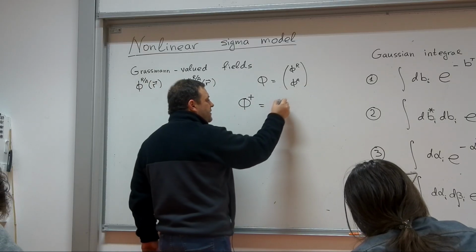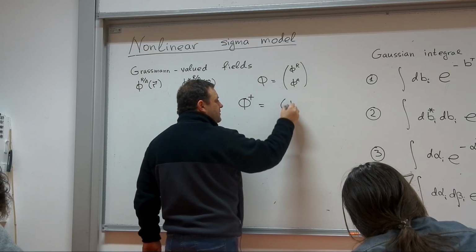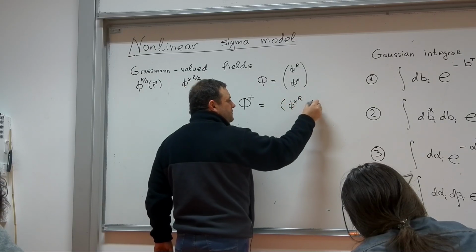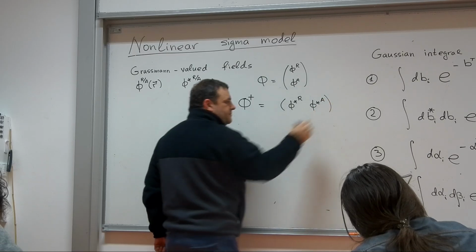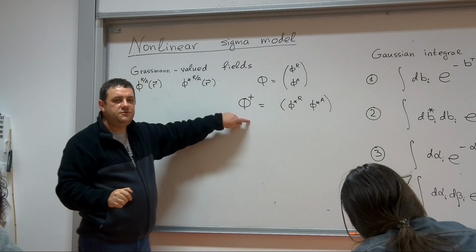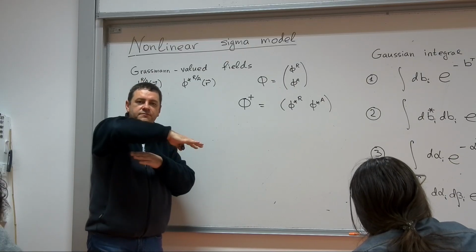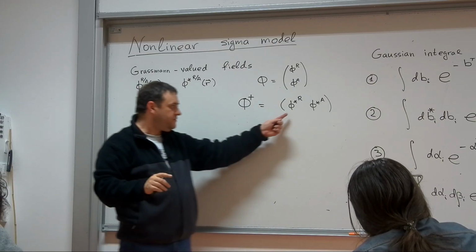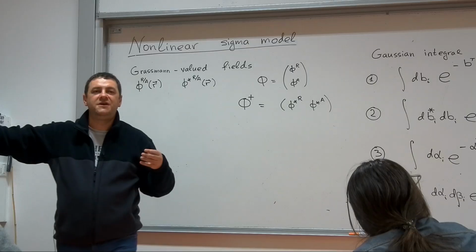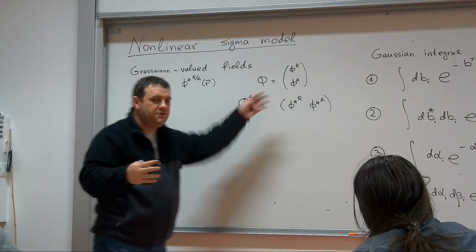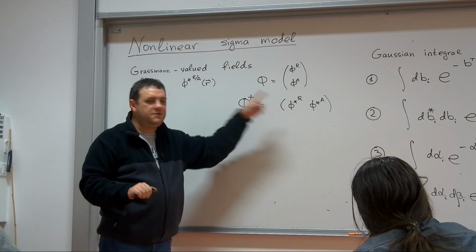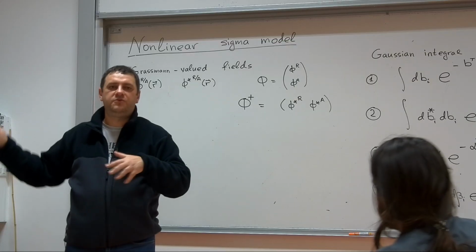This will be a row and it will contain the complex conjugate fields. So how do we go from this to this? We transpose and complex conjugate, right? Of course, we get two unrelated fields, but who cares? It's just a notation. And dagger is a very nice notation because it operates exactly as it would operate on usual numbers.